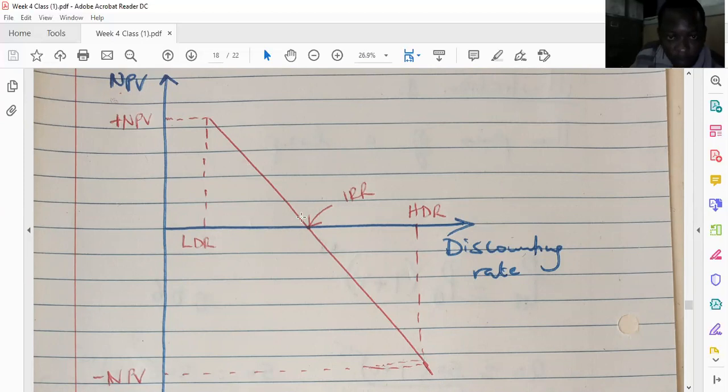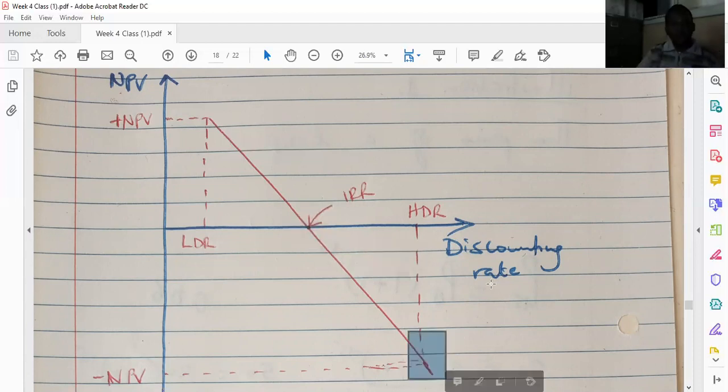We'll be able to determine this point here. So the slope of a line is equal to the change in y over change in x. So we can therefore say that the slope from this point here to this point here is the same as the slope from this point here to this point, and it's the same as the slope from this point to this point.